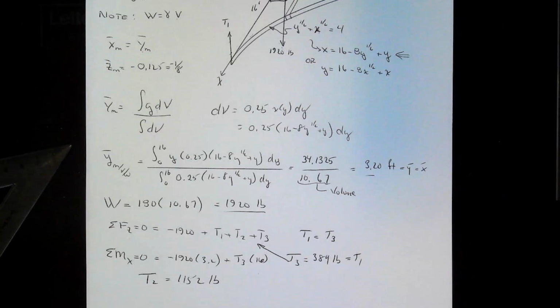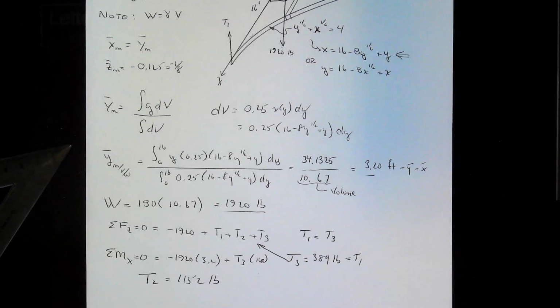Well, if I sum forces in the z, we're going to have minus 1920 down plus T1 plus T2 plus T3. Then we can look at this and note, okay, we have symmetry from here to here with respect to the plates.